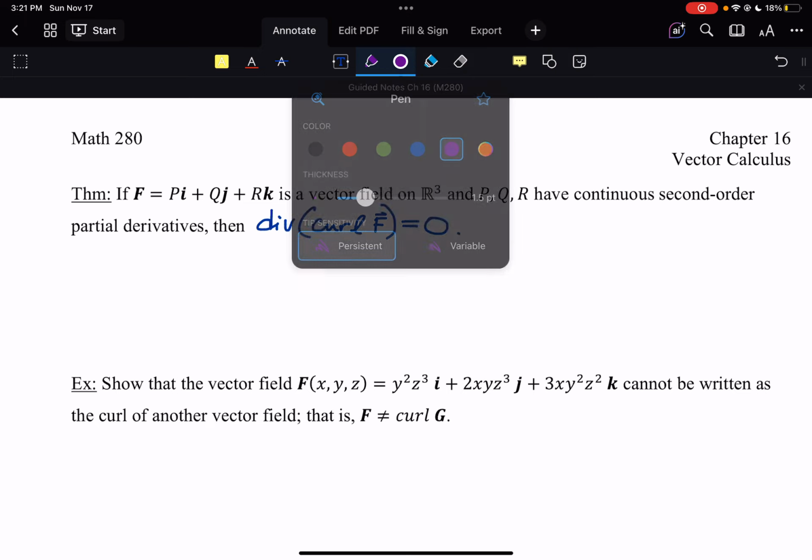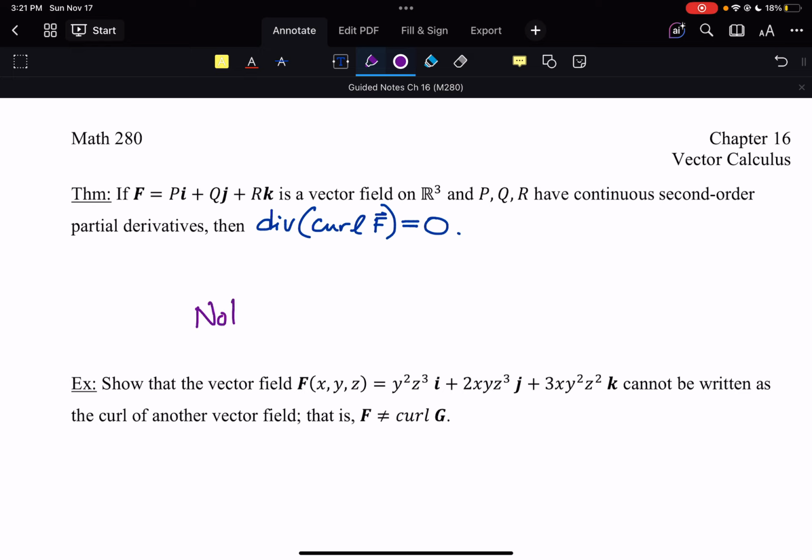We're not going to do a full-fledged proof of this, but notice we need to have continuous second-order partials. If we were to take the divergence of the curl of F, remember that the curl represents del cross F, and the divergence represents del dotted with whatever that vector field is.